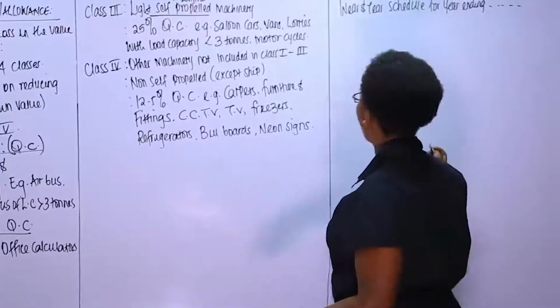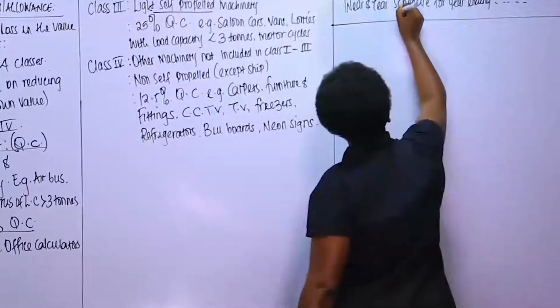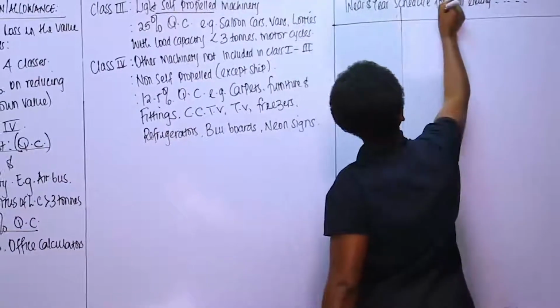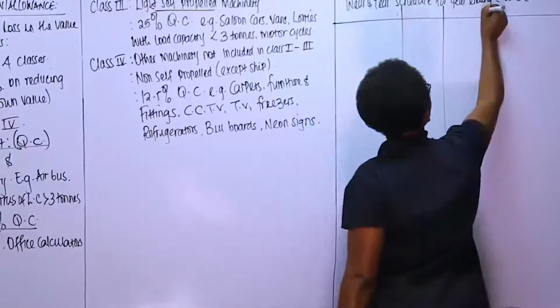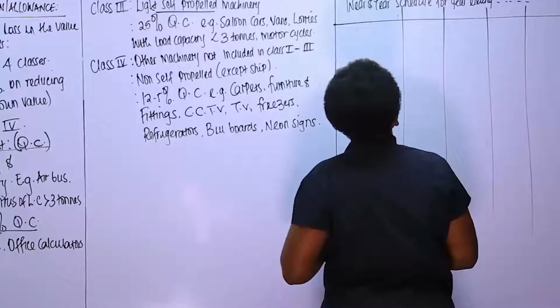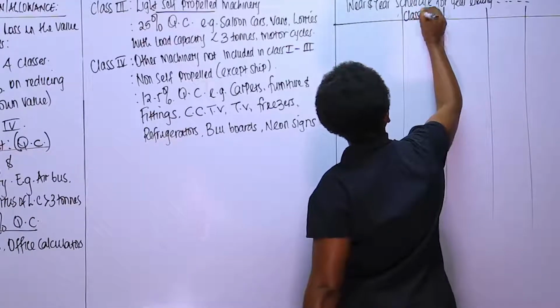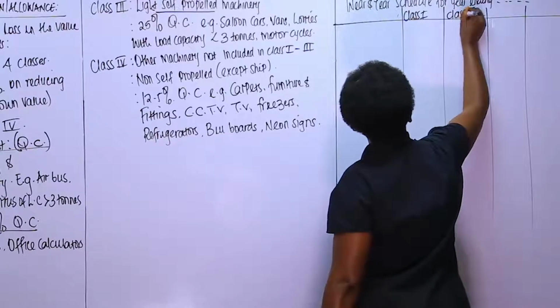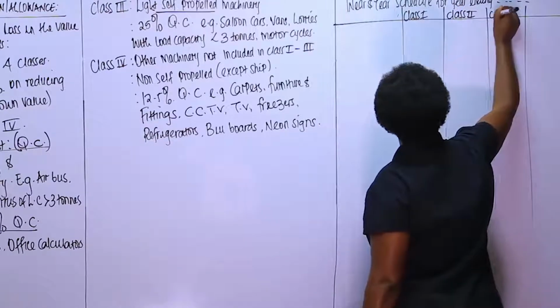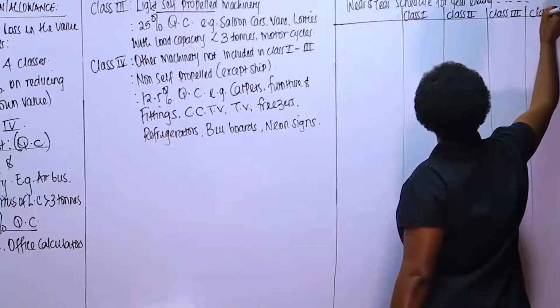So we have our 4 poles. So we'll have that divide into 4: 1, 2, 3, and 4. So in the first one, we'll have class 1, class 2. This is the format that we'll be using in computing wear and tear, class 3 and class 4.